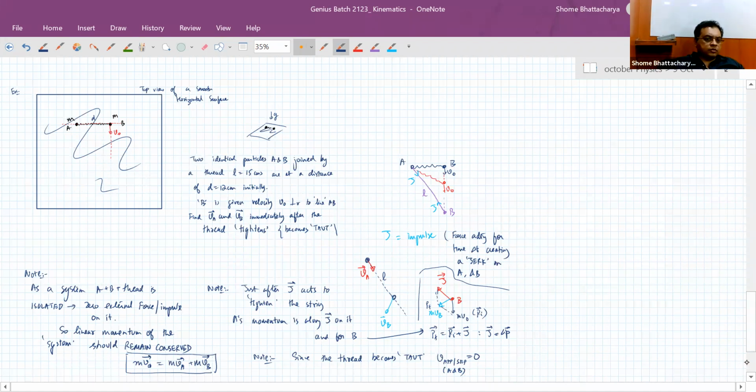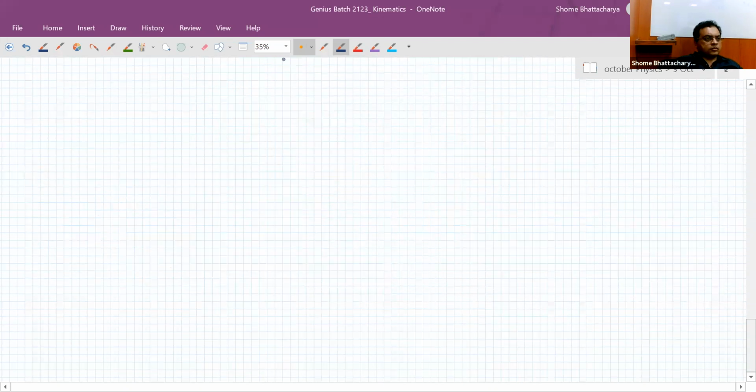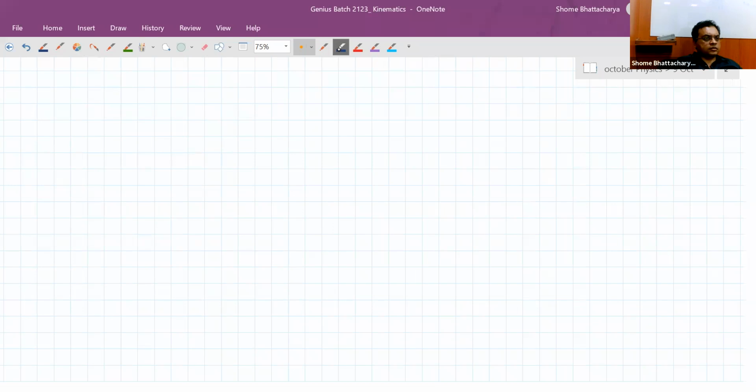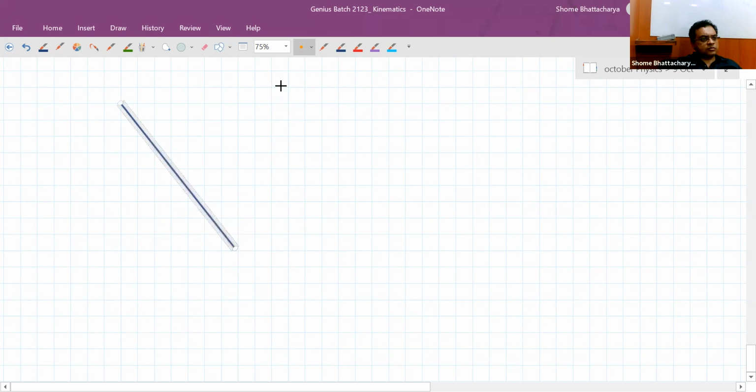Okay, so let's look at this situation now. Let's say in one diagram, I'm considering that the string is just about to become taut. It's not yet become taut, but it's almost there.